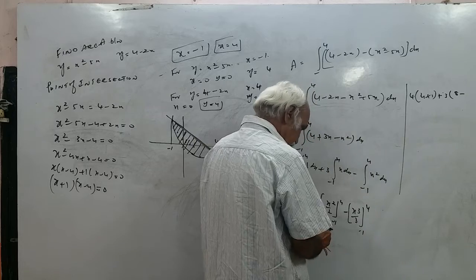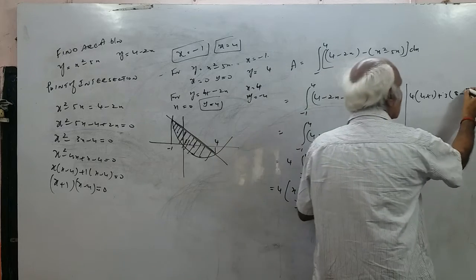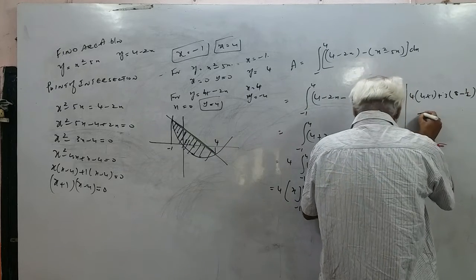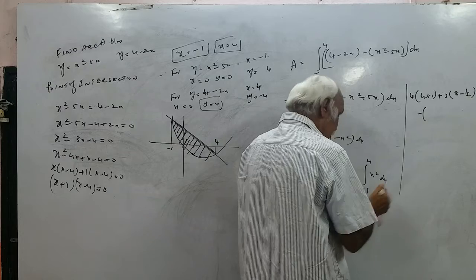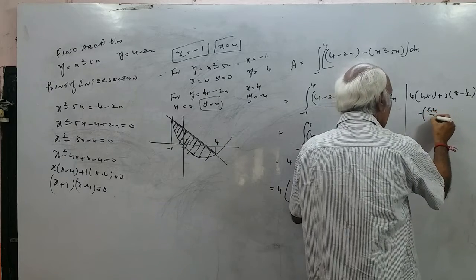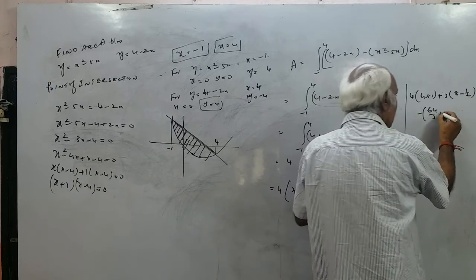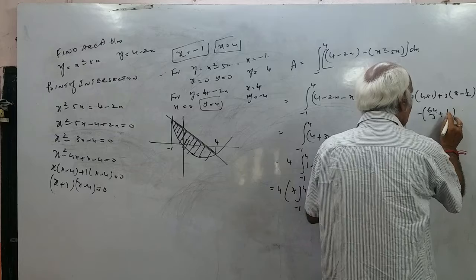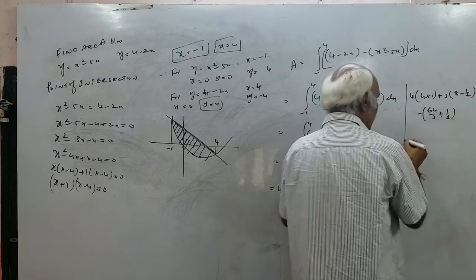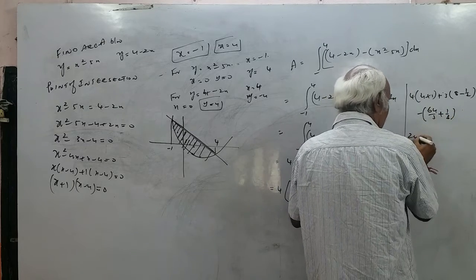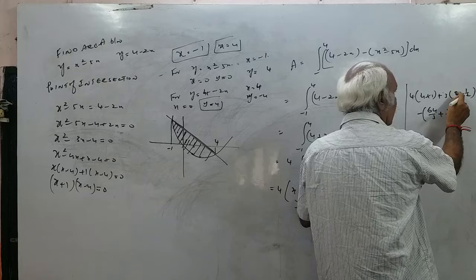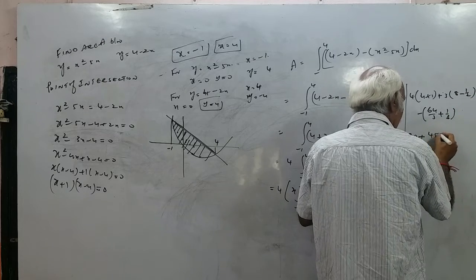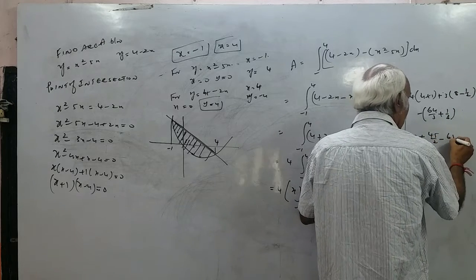Minus lower limit, which is minus 1, so it becomes minus 4 plus 1 by 2, minus 4 cube means 64 by 3, minus of minus 1 by 3. So what will happen? 4 into 5 is 20, plus 16 minus 1 is 15, means 45 by 2 minus 65 by 3.